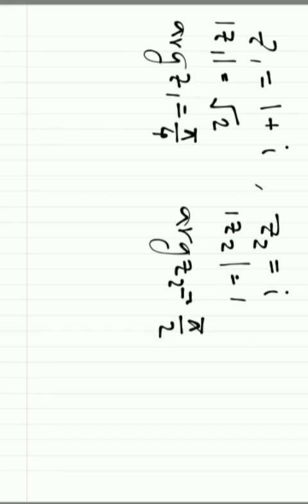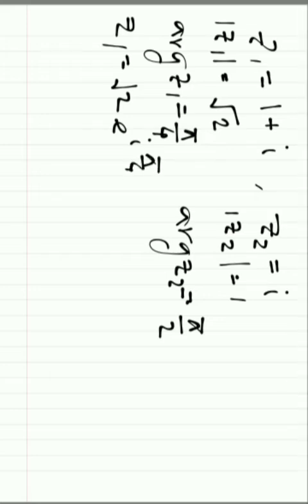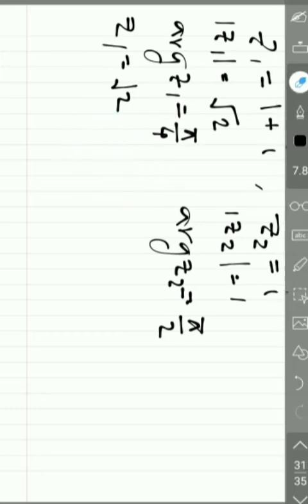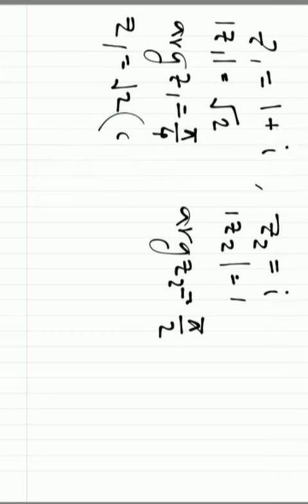So we can write z1 as root 2 e to the power i pi by 4, and, okay, let me write it in the proper form, that is root 2 into cos pi by 4 plus i sin pi by 4.